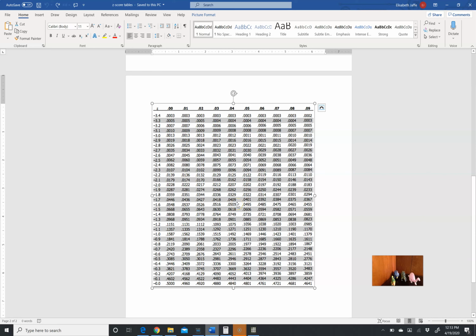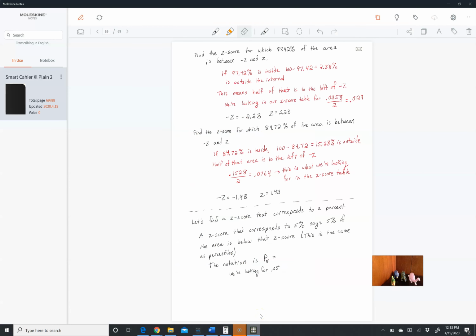Which one do you take? Because it's exactly in between, we're just going to take the number exactly in the middle. So it falls exactly between negative 1.65 and negative 1.64. I'm going to take out this equals because we'll write it down here as what it's equal to.